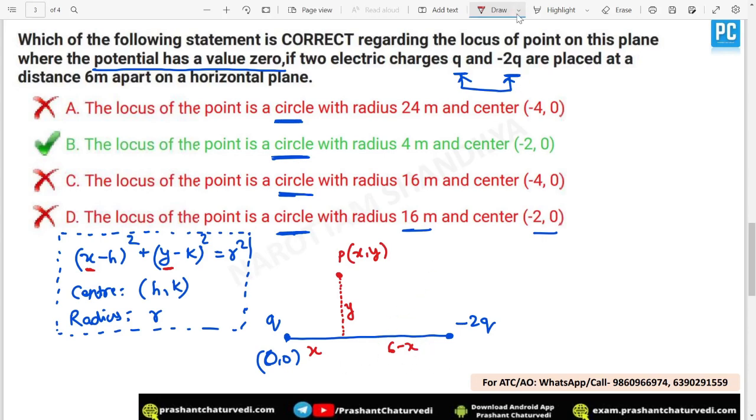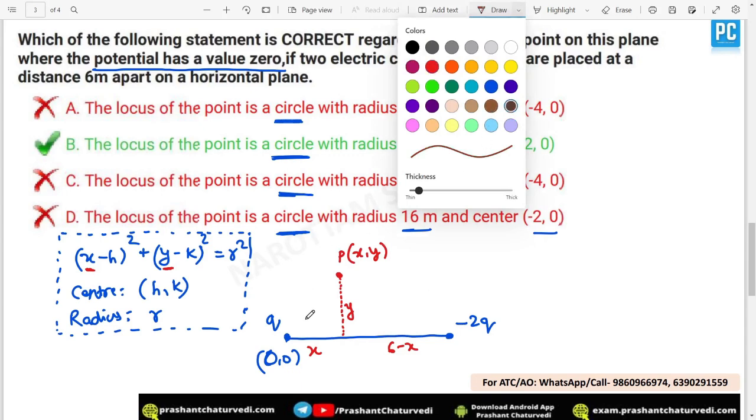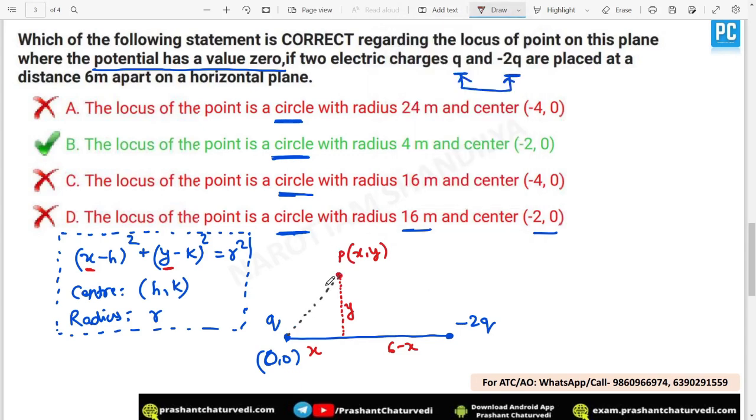When you calculate the distances, suppose this is r1 and this is r2, the distances of the zero potential point from both the charges. So this will be r1 from charge q and this will be r2 from charge minus 2q.